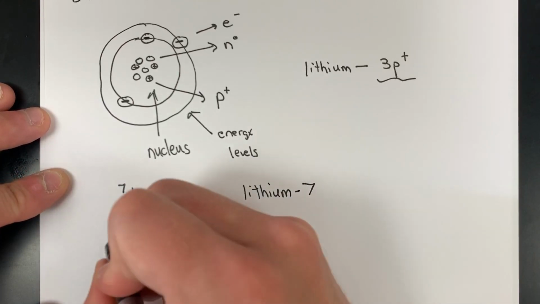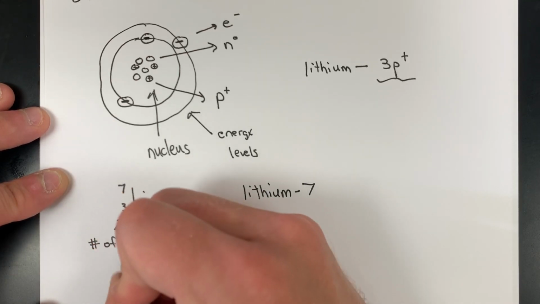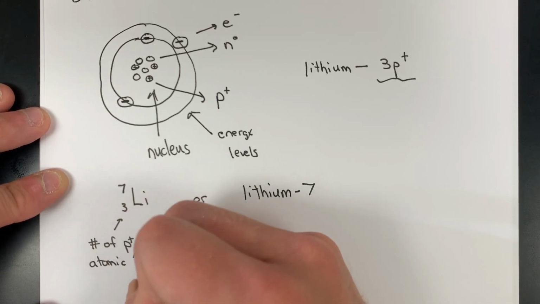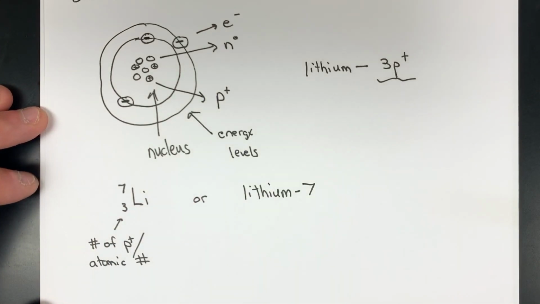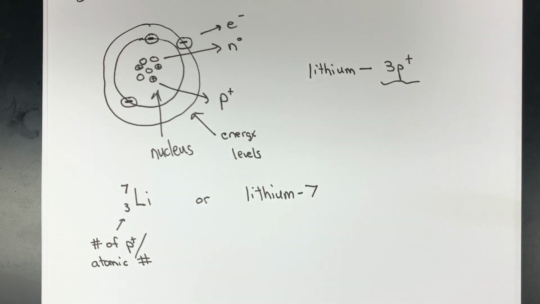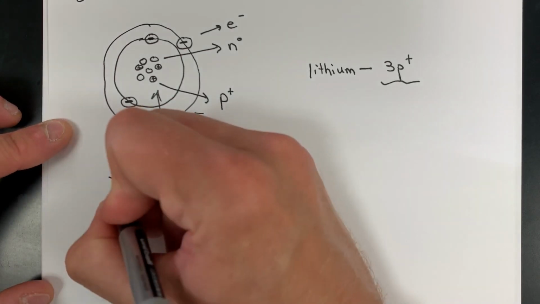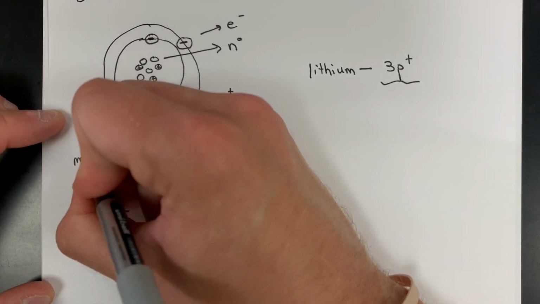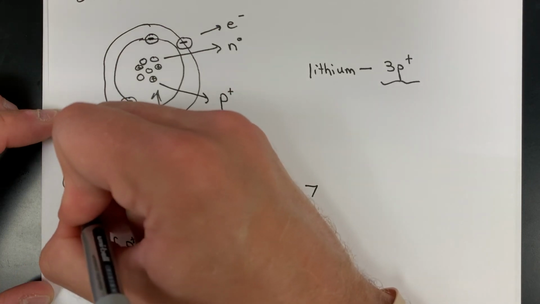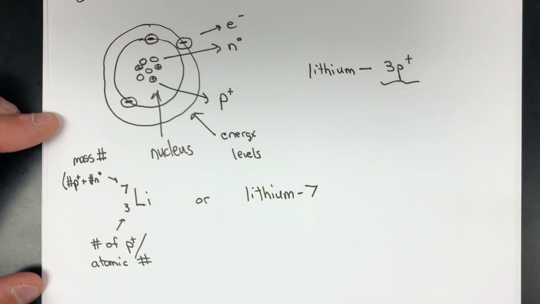And so what this notation means, this bottom 3 here, is one of 2 things. Either it's the number of protons, or, and these terms are synonymous, it's the atomic number. So that bottom number is always the number of protons, the atomic number. Again, that's what dictates the identity of an atom, or of an element. This top number here is our mass number, and this is merely the sum of the number of protons plus the number of neutrons, okay?